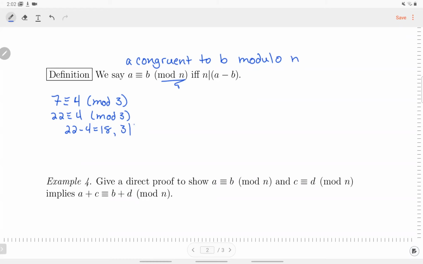So what is 7's remainder when divided by 3? 1. What's 4's remainder when divided by 3? 1. What's 22's remainder when divided by 3? 1. That's why they're all congruent mod 3. If you take two things that have remainder 2 when divided by 3, they should be congruent.